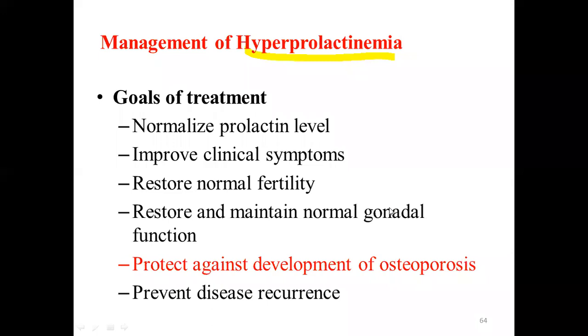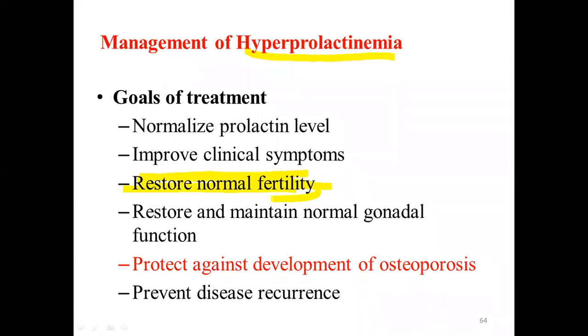But before we discuss the treatment modalities, let us look at the goal of therapy. The primary goal is to normalize the prolactin level, then improve fertility. That is very important, especially for a woman of childbearing age. Then protect against development of osteoporosis.